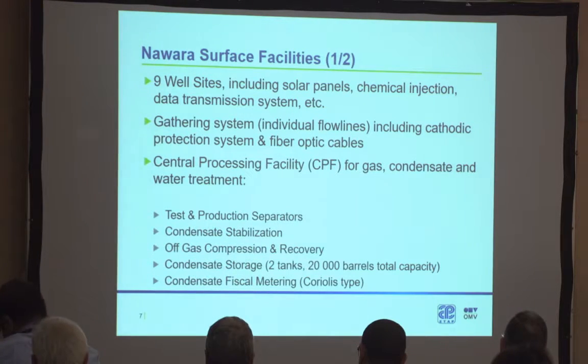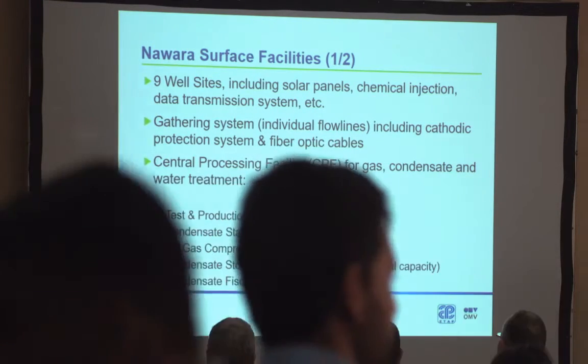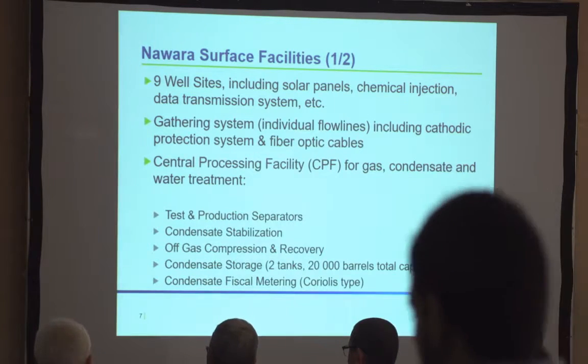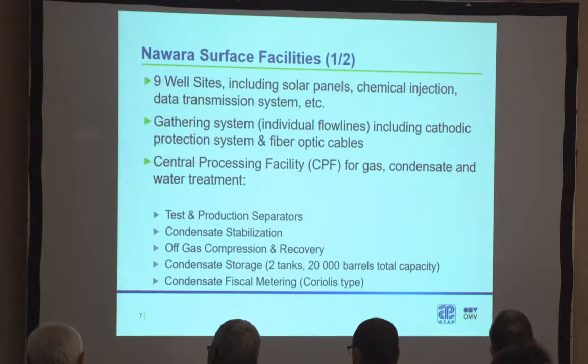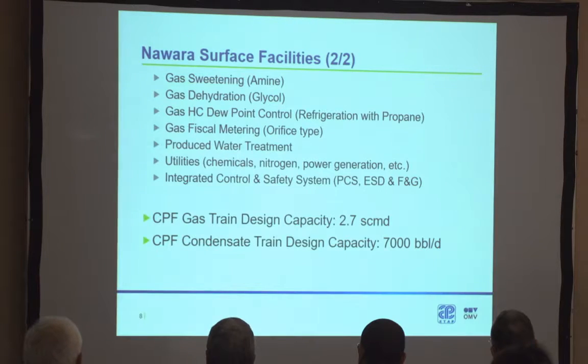Of course, the metering is a fiscal type metering, Coriolis type. This is upstream the export line to Trabza pipeline. For the gas train, we have sweetening to remove the CO2 from the gas using amine technology. We have dehydration package using glycol to remove the water vapor from the gas.